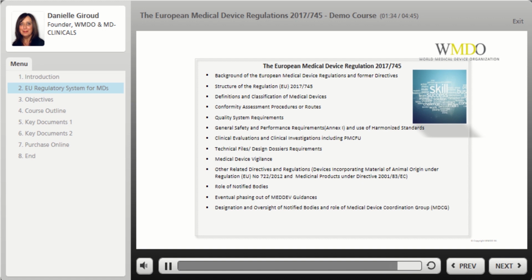And last, we will cover the application of UDI-DI Unique Identification System as per Annex VI.